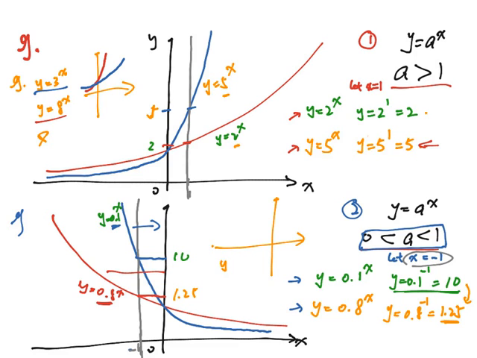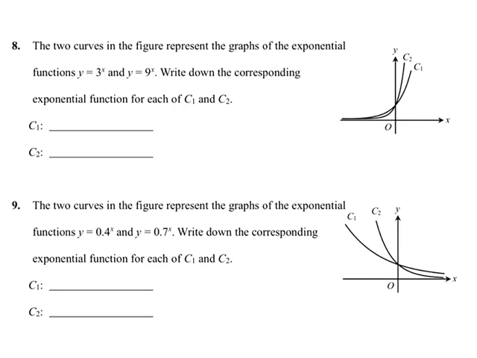One is y equal to 0.2 power x and the other is y equal to 0.5 to the power x. So as I said before, the bigger number is far away, and the smaller is close. Okay. Now you are given 2 minutes, try to finish 8 and 9.